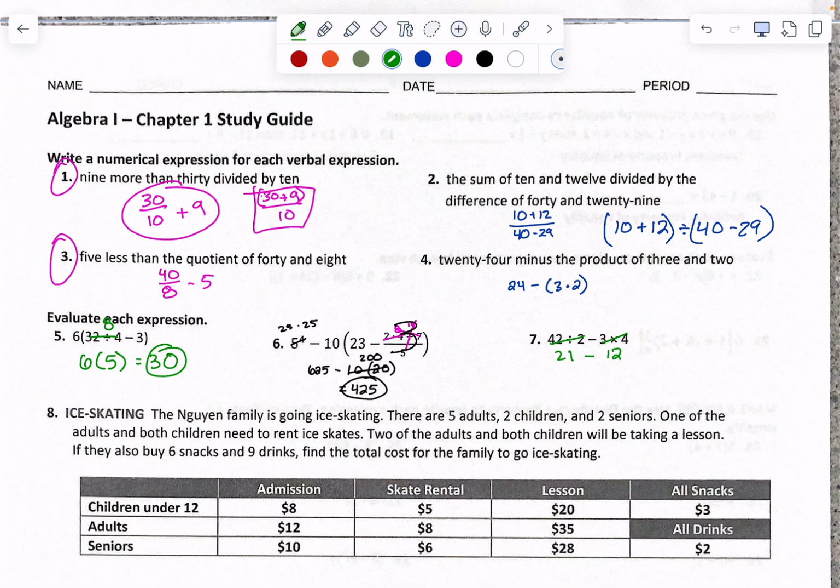Ooh, this one maybe. Number 7 might trick you. That's confusing, because you can't go left or right. I mean, you can, and it would just get you the wrong answer. That's why she said you can.